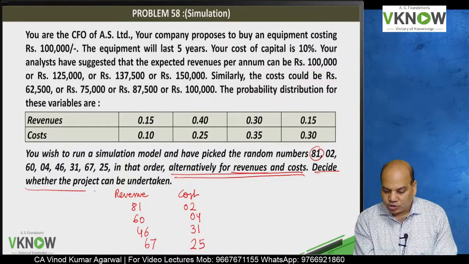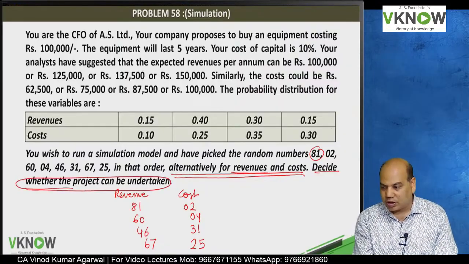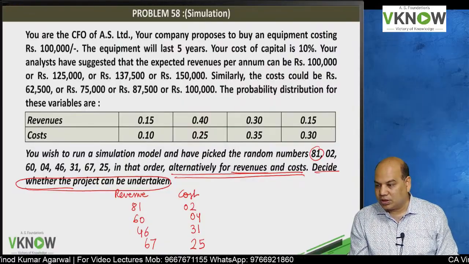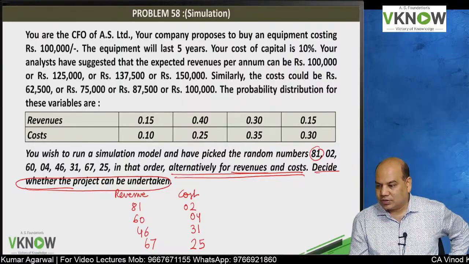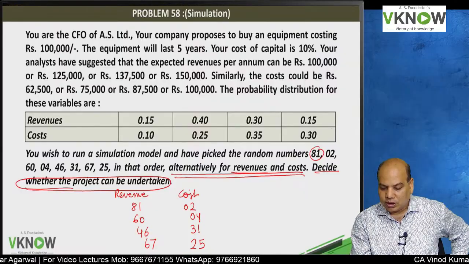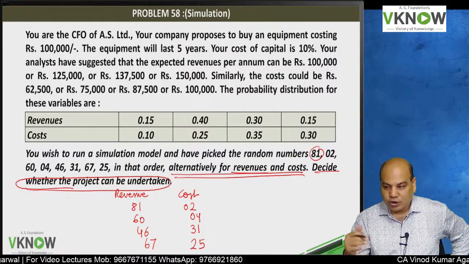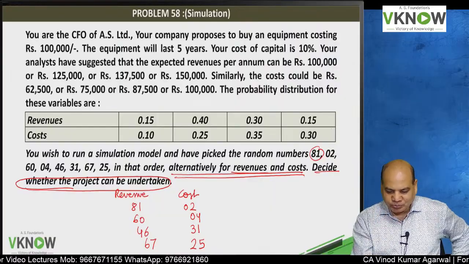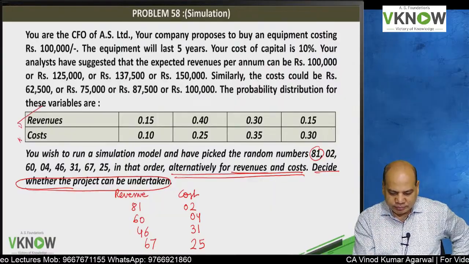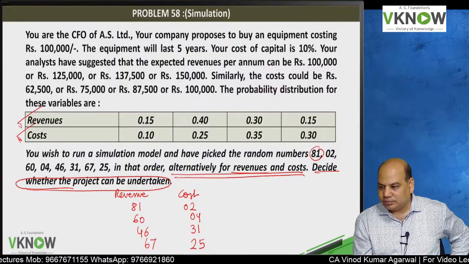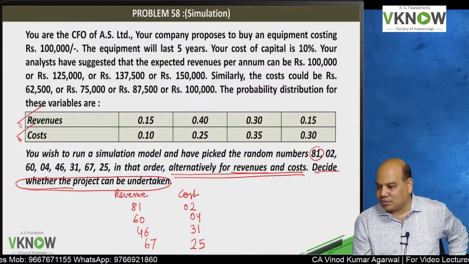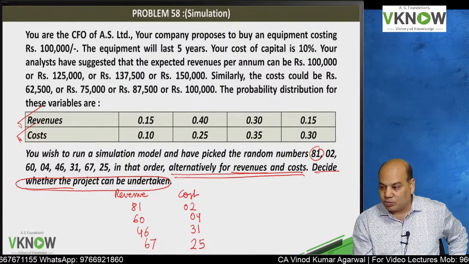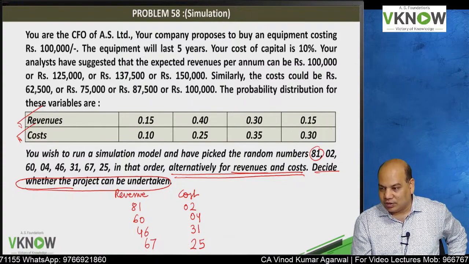Decide whether the project can be undertaken or not. So we'll first have to find out what the possible revenues are, and what the possible costs are. And for that we have to make random number class intervals.